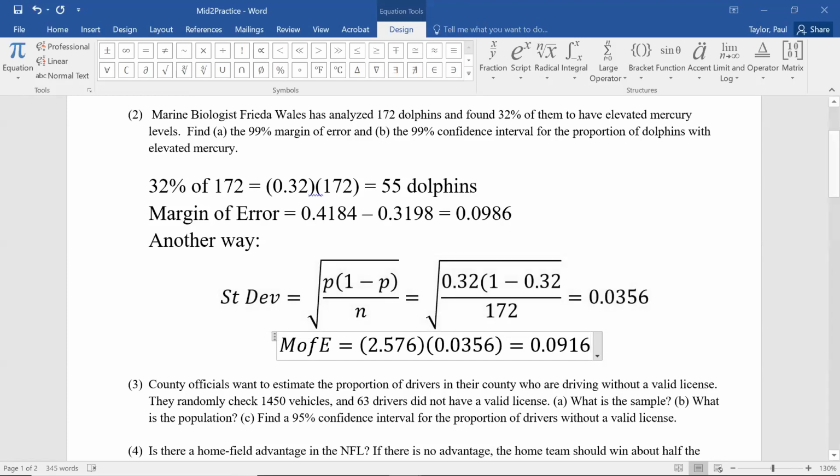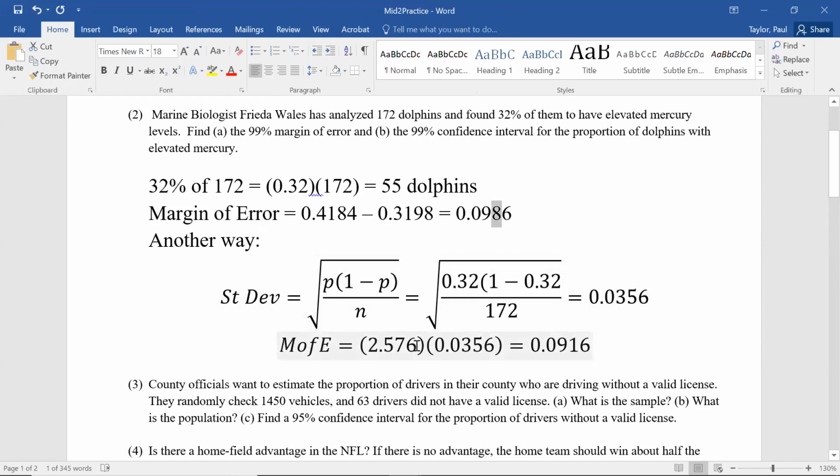Okay, so that's another way to get it. The reason this is 916 and the other is 986 is that using 2.576 is automatically a normal approximation method. That's where the 2.576 came from, the normal distribution.